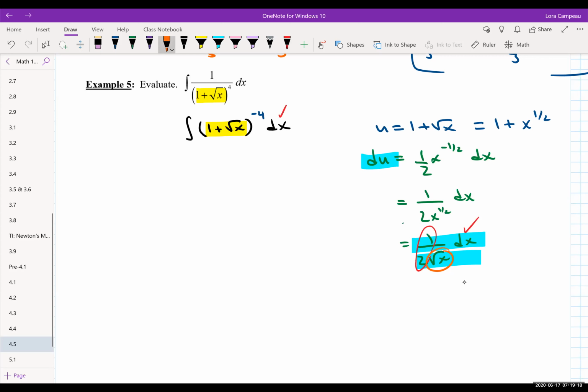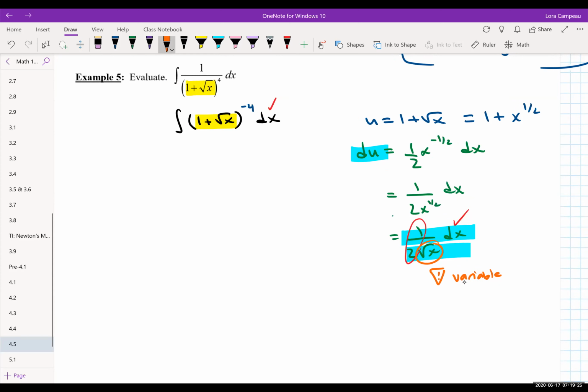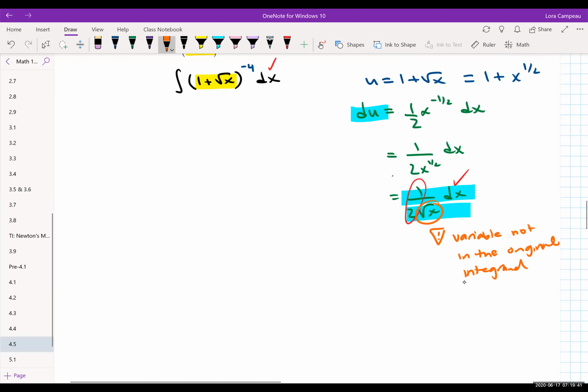So this variable expression, variable factor, is not in the original integrand. And whenever you notice a variable's not in the integrand, we're going to use our trick one more time. And this might be another way to approach this.